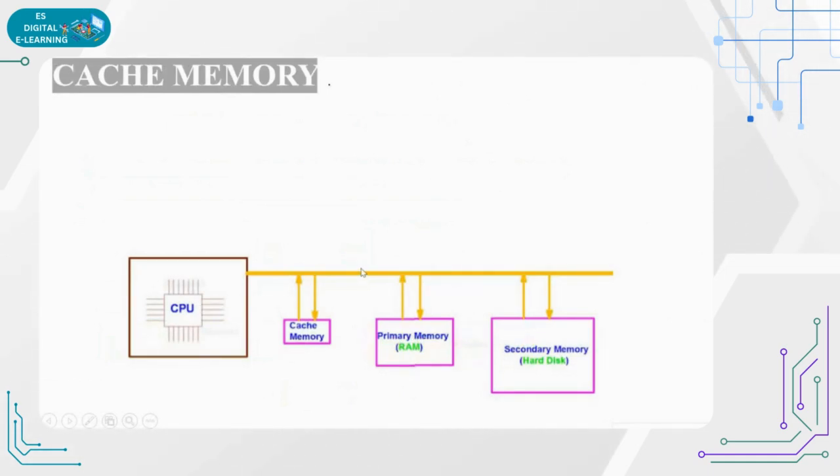And next we have cache memory. Cache memory is like when you are copying some data with the help of a pen drive into your local system. For that you should have a cache memory.